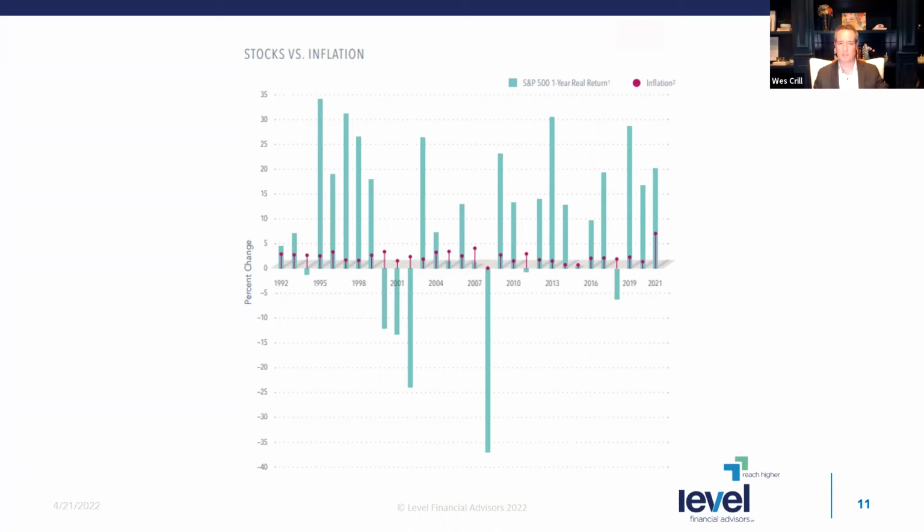That's what fixed income does very well. And so reducing the real value uncertainty of that in the future with something like inflation protected fixed income can make sense. But again, if you have a decent slug of equities in your portfolio, this picture tells you everything. Equity returns can dwarf inflation over the long term.